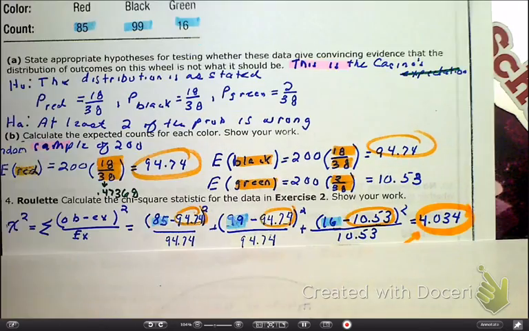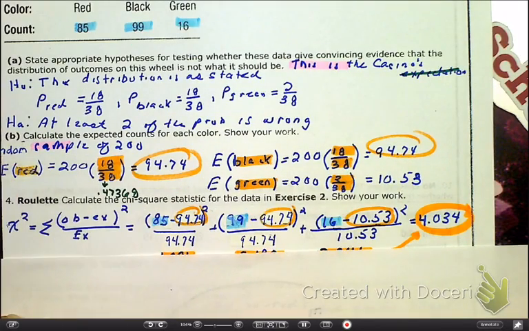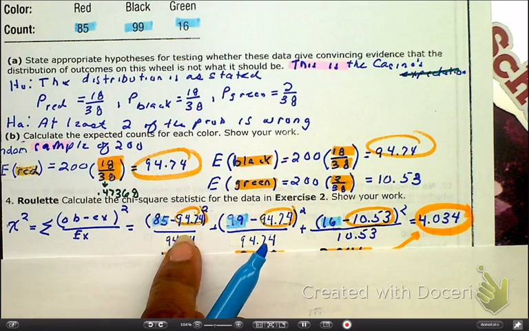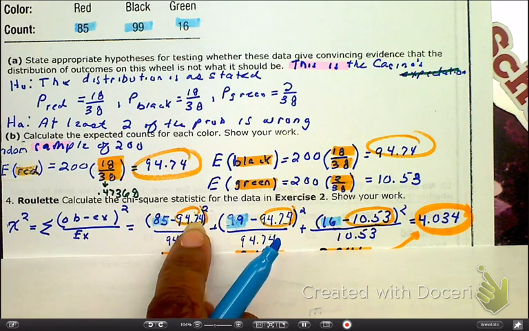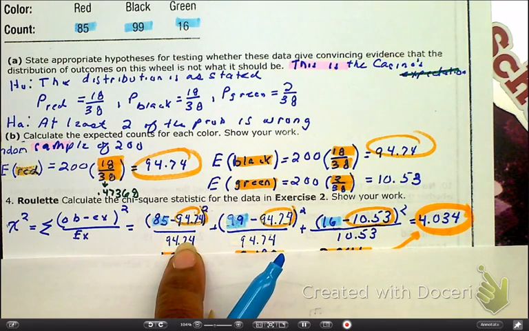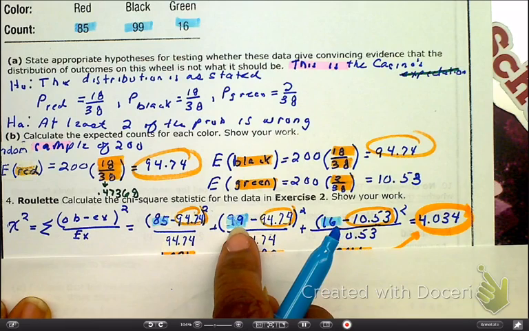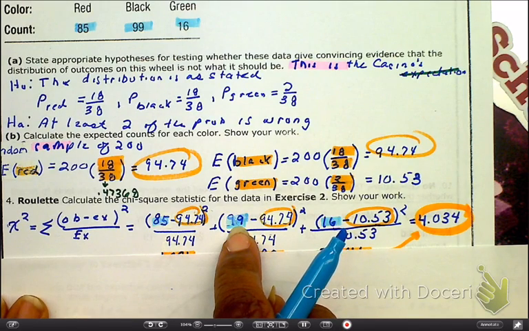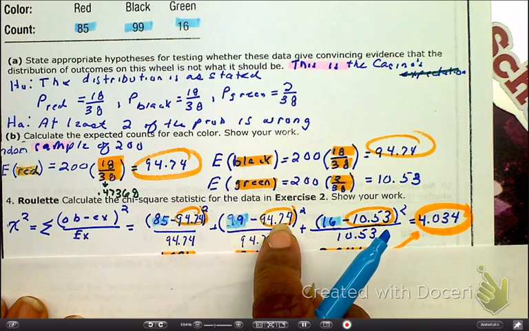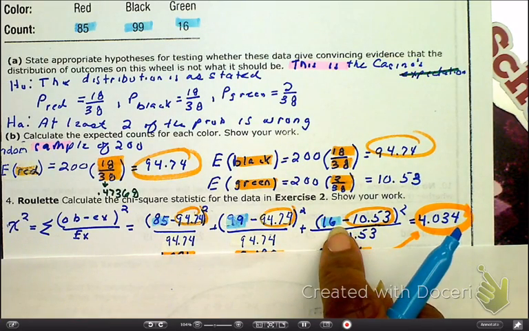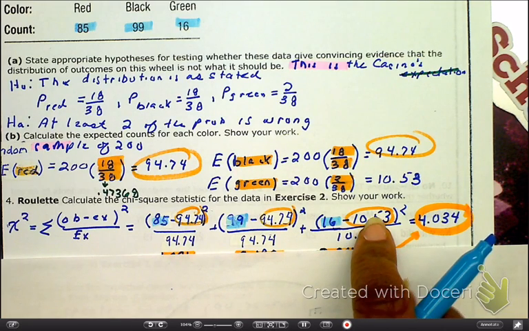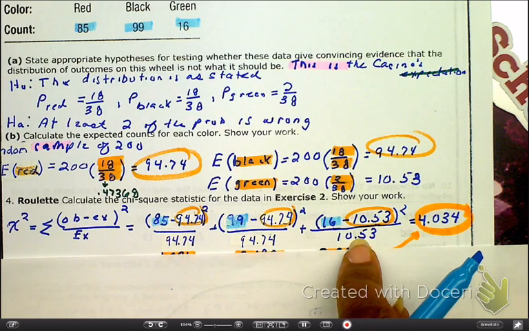So as we do the math on here, we go 85 minus, so you have the observed minus the expected, square it, and then divide by 94.74. Here, you've got the observed, we're looking at the black now, minus the expected, square it, and then divide that by, again, the expected. And you've got the observed minus the expected, square it, and then divide that by the expected.